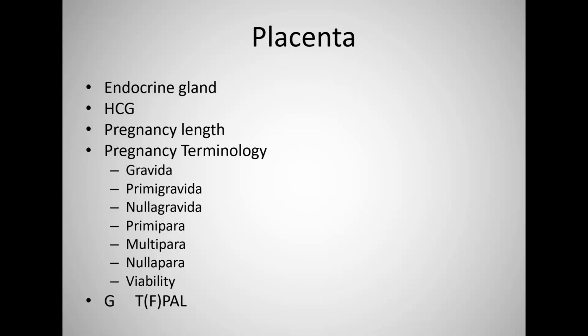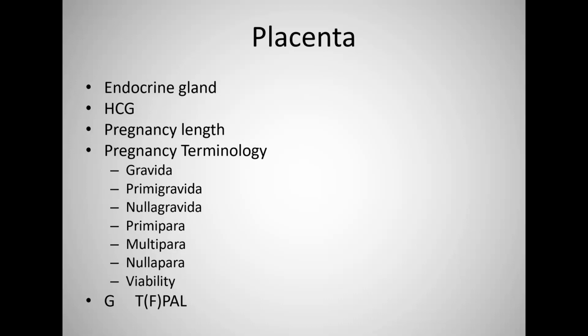A woman who has never been pregnant is nulligravida. So gravida is the number of pregnancies, primigravida is the first time pregnant, and nulligravida is never been pregnant.